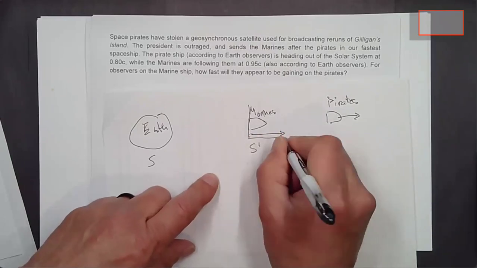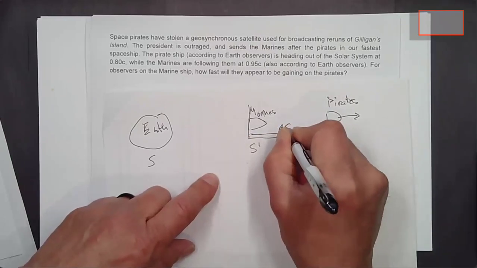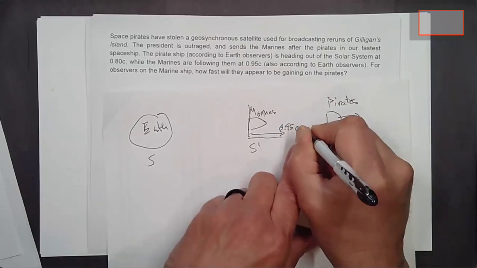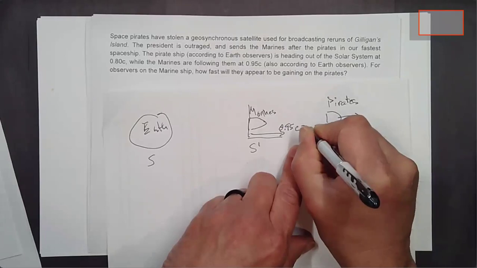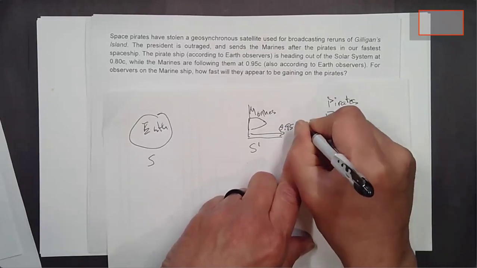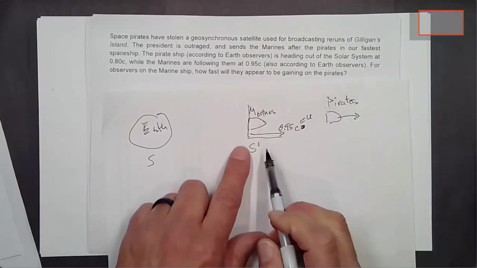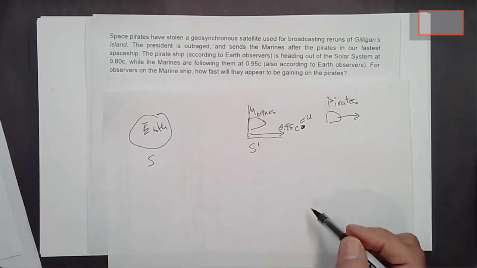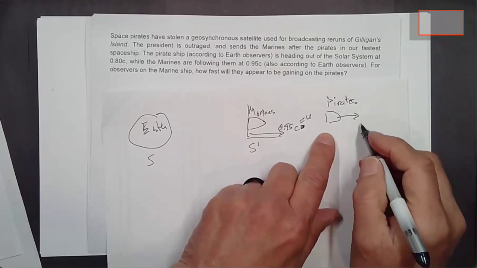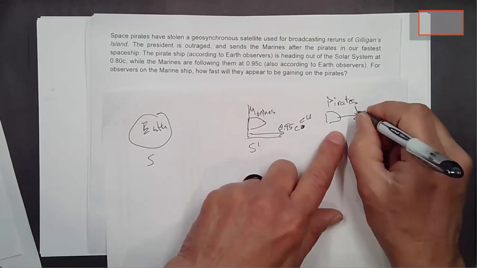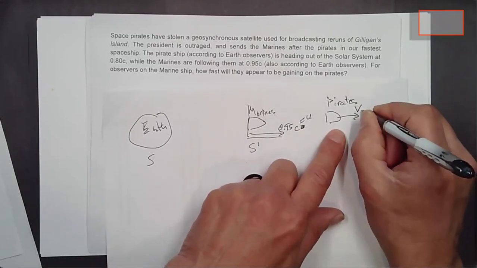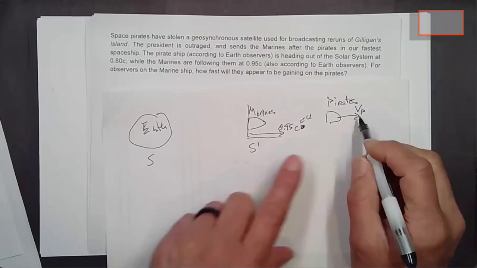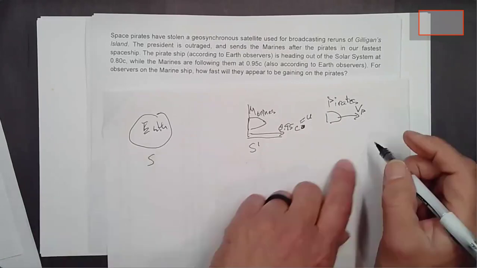So 0.95 times the speed of light. That's the U that shows up in these equations. It's the speed of one of the coordinate systems with respect to the other. The pirates are going to have a velocity, I'll call it V sub P, and that's the velocity with respect to the Earth.